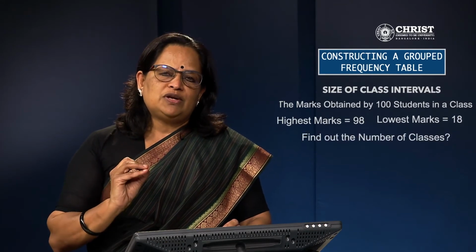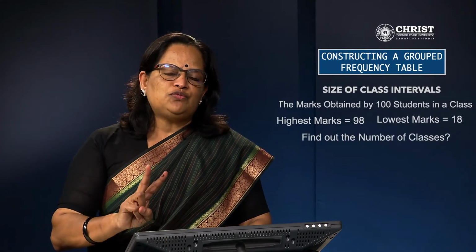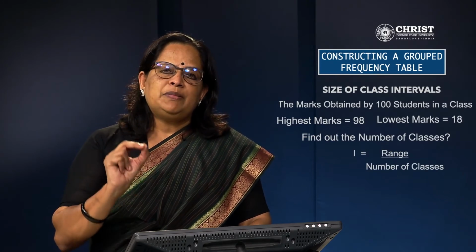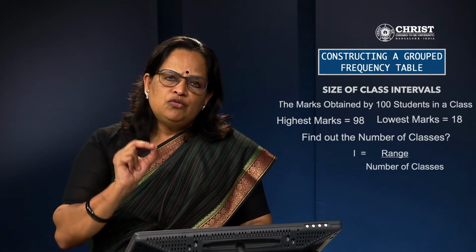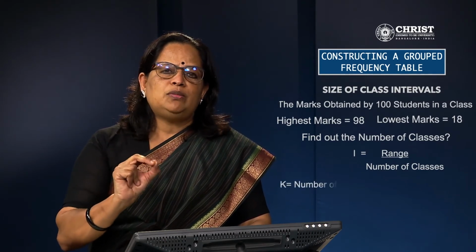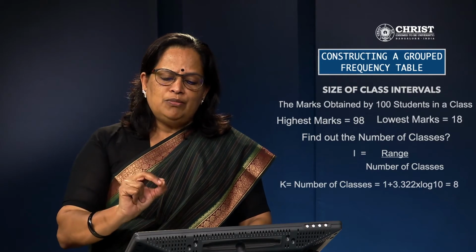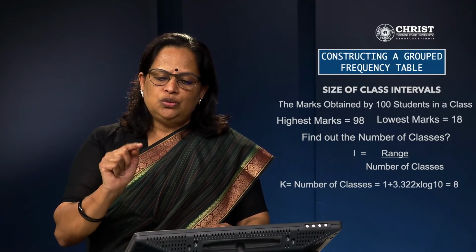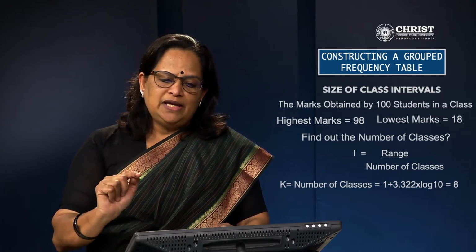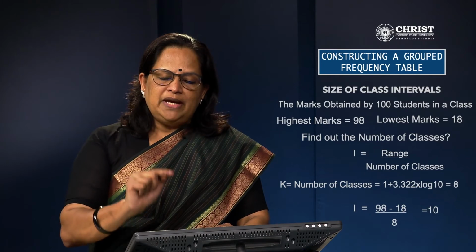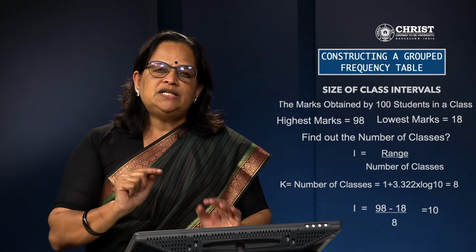Find the number of classes. We have to use both formulas. First we find the number of classes as per the Stokes formula: K = 1 + 3.322 log10 100, which gives 8. Then I = (98 − 18) divided by 8, which is equal to 10.